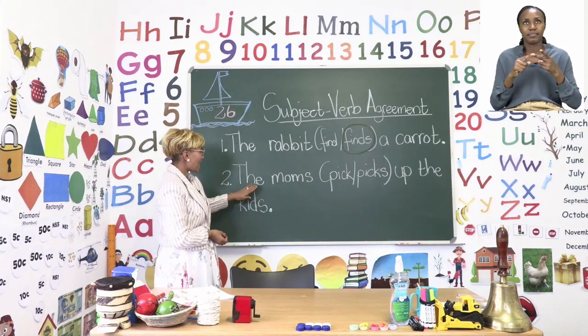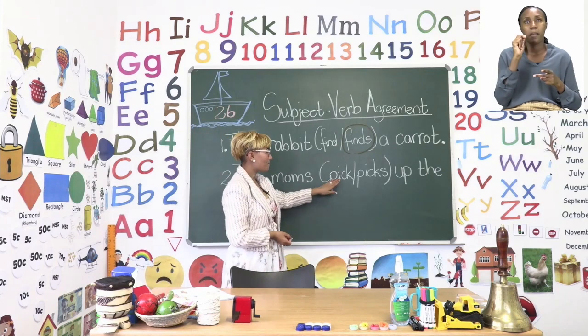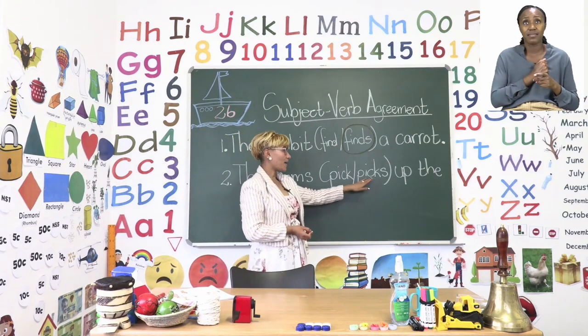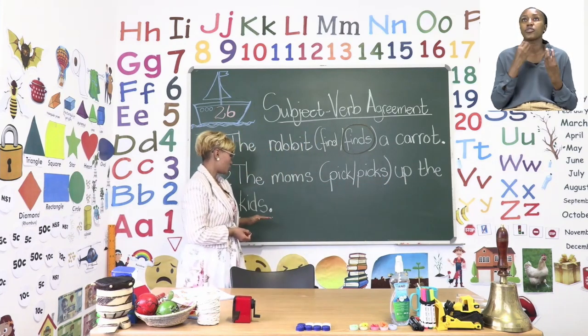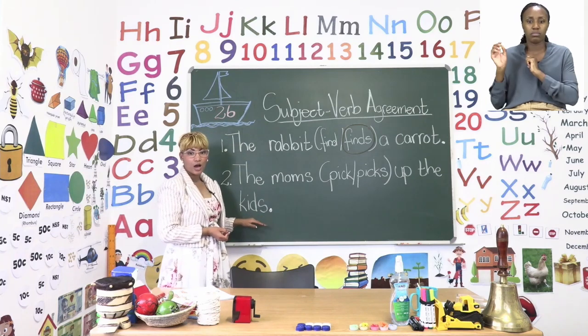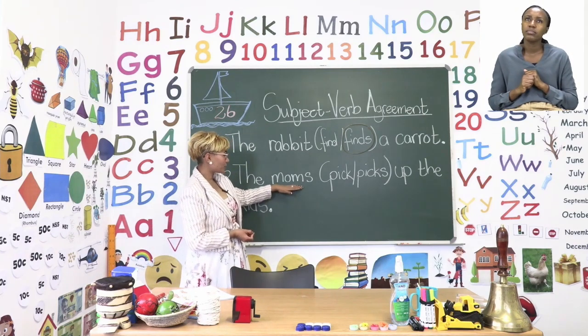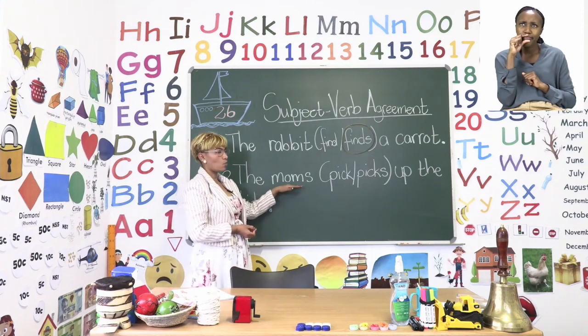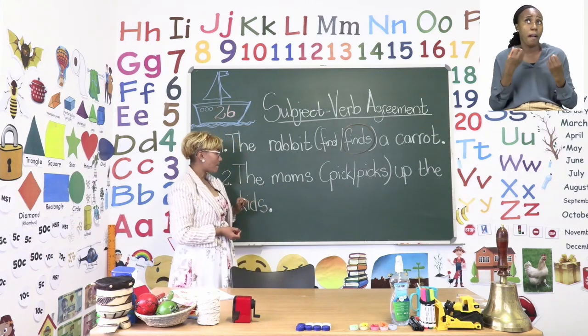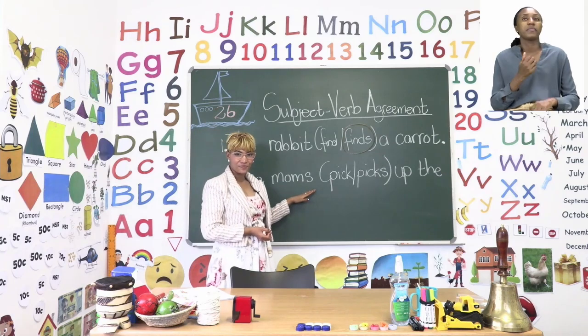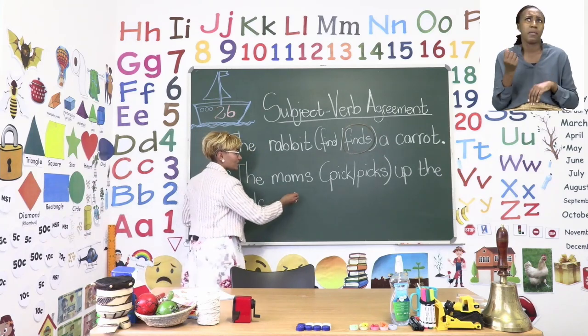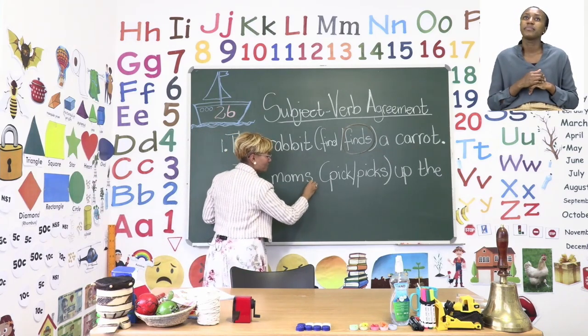It reads, the moms pick or picks up the kids. Now, let's look at the naming word. Are we talking about one mom or more than one mom? More than one mom because it says moms.